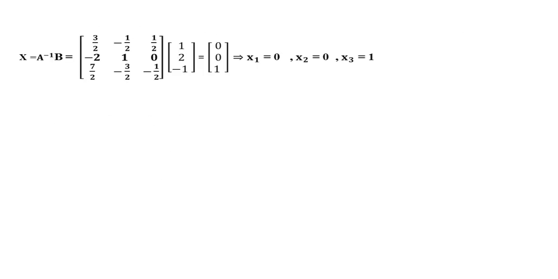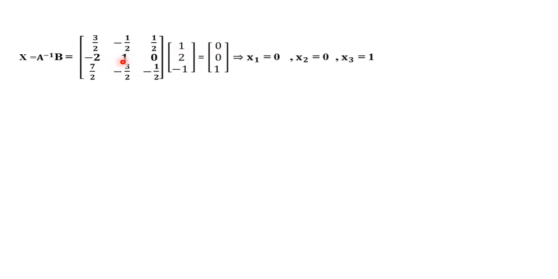And the unique solution is X equal to A inverse B, that is, A inverse multiplied with the column matrix B. So here we multiply 3 by 2 into 1 plus minus 1 by 2 into 2 plus 1 by 2 into minus 1, which gives 0.